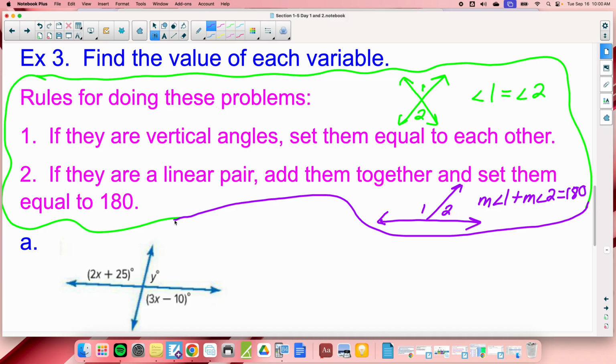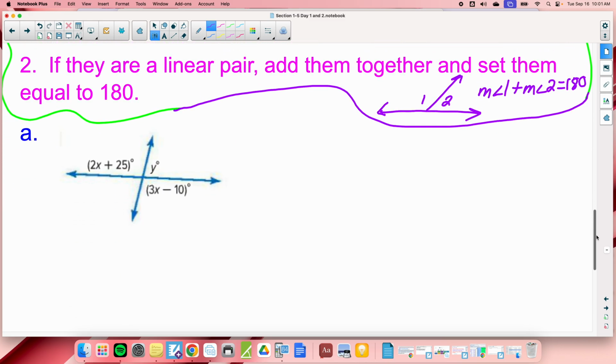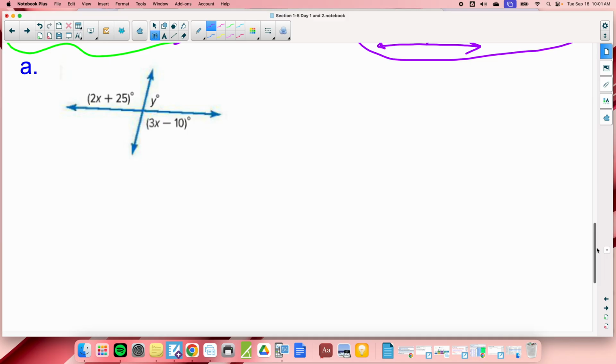Okay, did I give you enough time? Okay, so this is what this type of problem is going to look like.